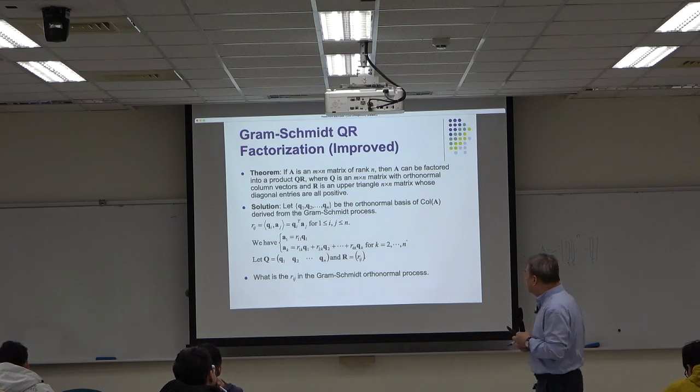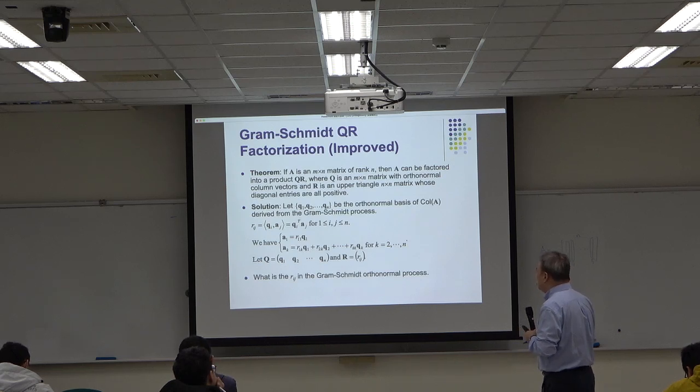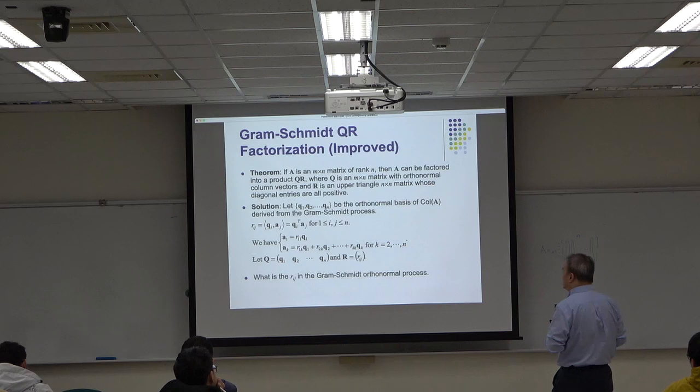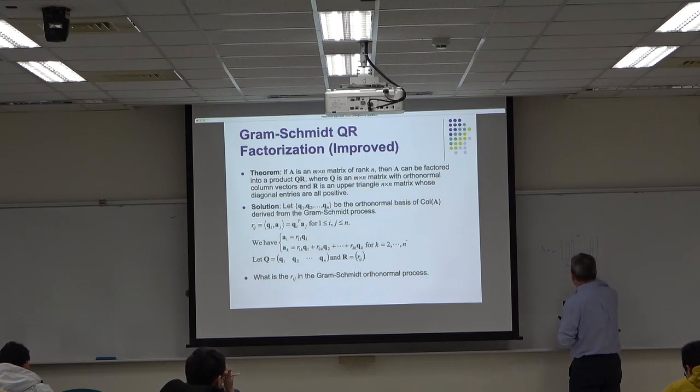So far so good, right? So if they are independent, and you try to derive an orthonormal basis out of these column vectors, what are you going to get? Let's follow the notation. This is A1, this is A2, this is An.